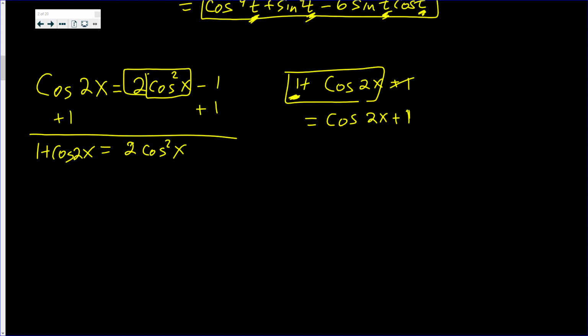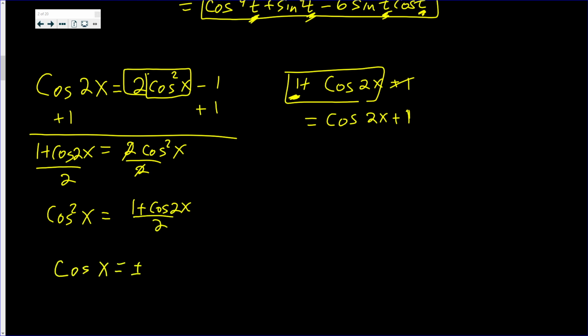Of course, now I'll divide both sides by 2. So I have that cosine squared x is 1 plus cosine 2x over 2. So cosine of x is plus or minus the square root of 1 plus cosine 2x over 2.